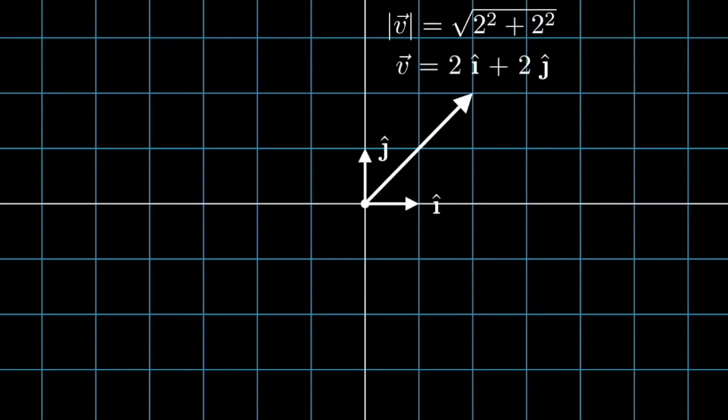Here, i hat and j hat are linearly independent too. We cannot represent i hat by scaling j hat. But the linear combination of i hat and j hat covers the entire 2D space. We can represent any vector in the 2D Cartesian space using a linear combination of these two vectors. We say that they span the space.